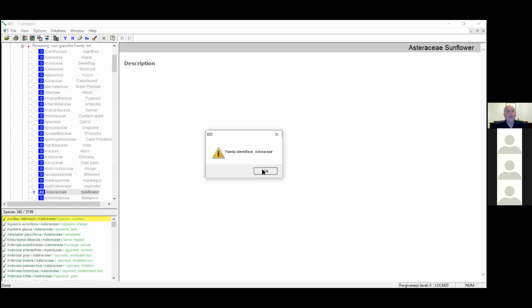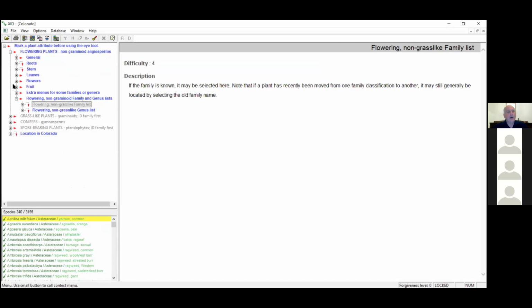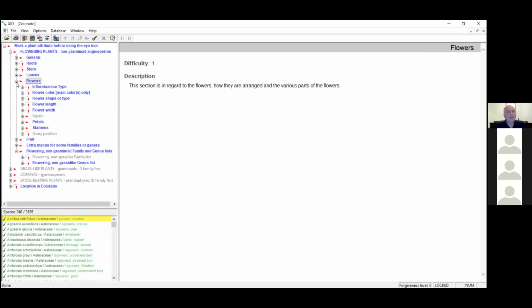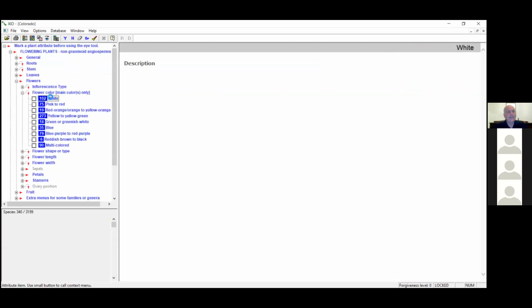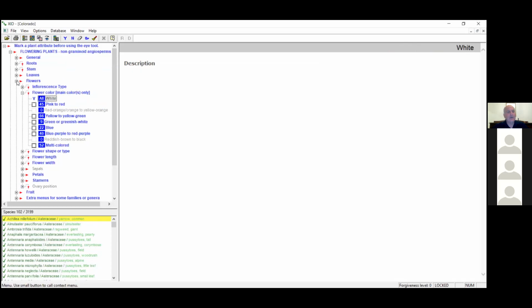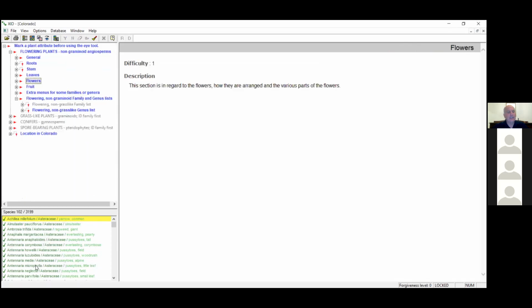Already we've gone from 3,200 possible species down to 340. I'm not going to go all the way through this, just to save time, but we can pick the main flower color as white. Now we're down to 102 species and they're listed here.